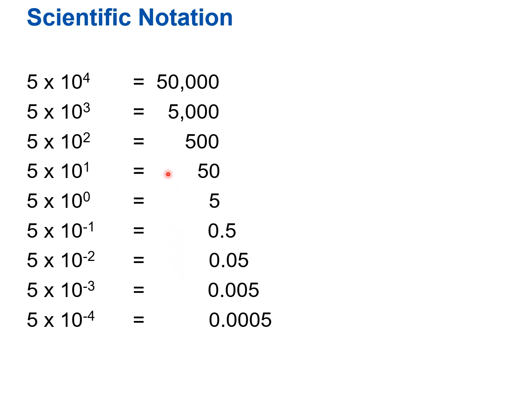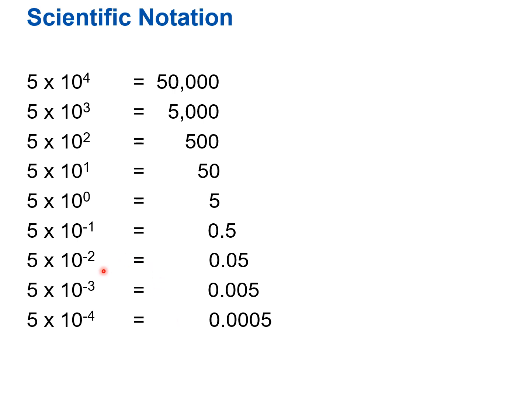When I introduced this slide earlier in this video, I said you can think of the exponent as how many zeros come after the main number. So for example, times 10 to the fourth means you put 4 zeros after it. When you go into negative exponents, now you're looking at small numbers. And you can think of it as the number of zeros.